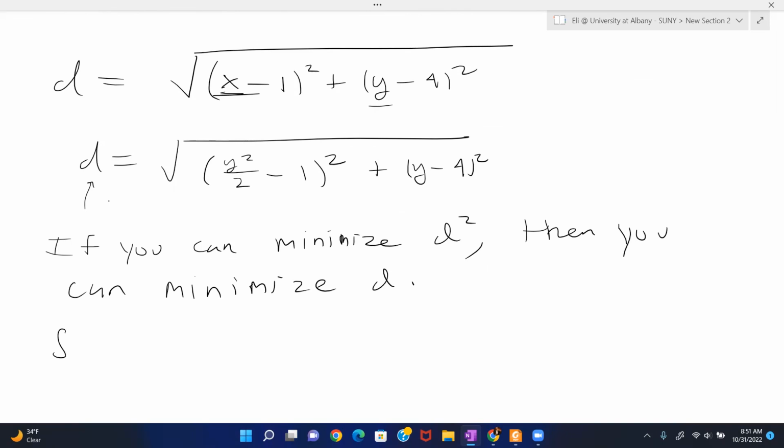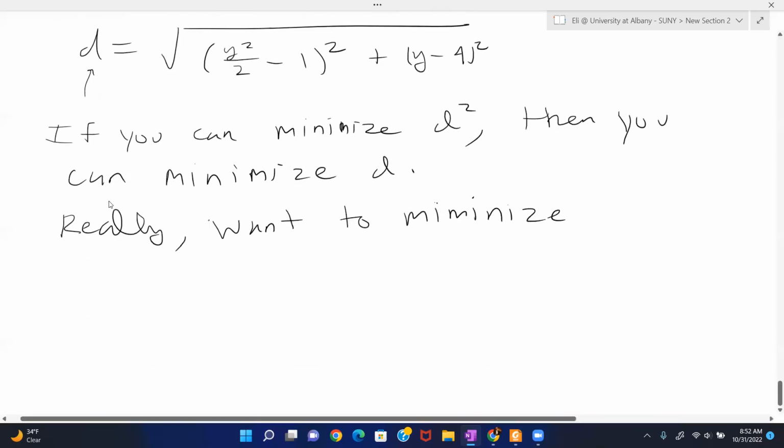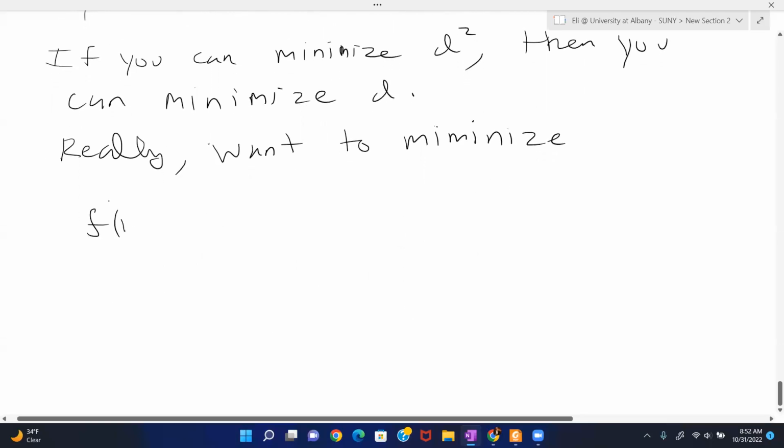So really the function we want to minimize is f of y, which is d squared.